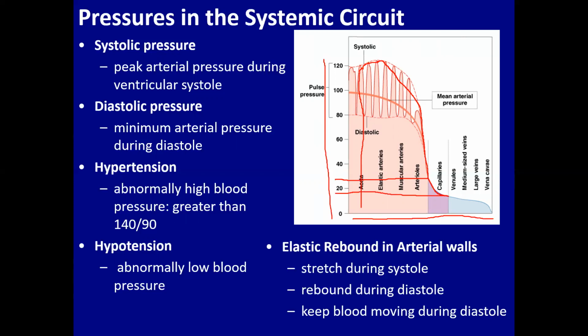Look what happens by the time it leaves the capillary. 18, 15, let's say 15, makes the math easy. If this is 25 and this is 15, you've lost 10 millimeters of mercury in your capillaries.